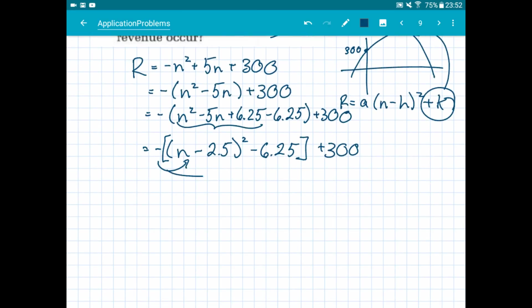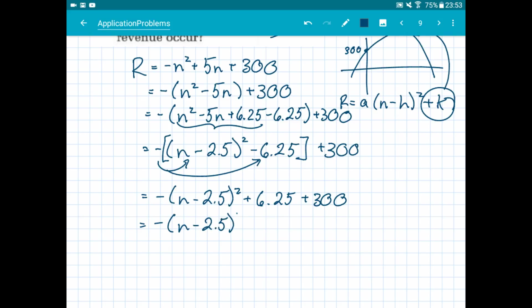Just bring that negative back in the bracket and we'll wrap this up. So we get minus (n minus 2.5) all squared plus 6.25 plus 300, which is equal to minus (n minus 2.5) all squared plus 306.25.